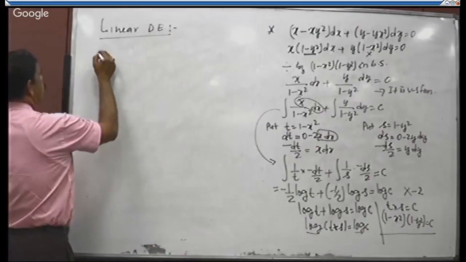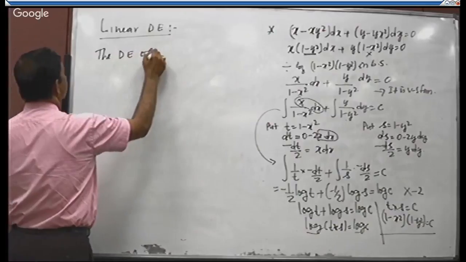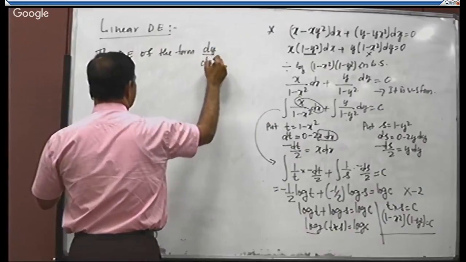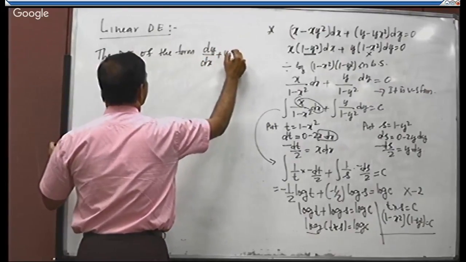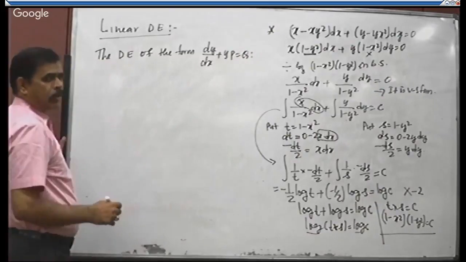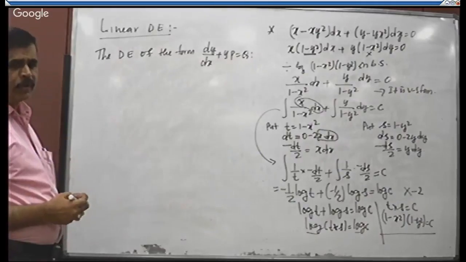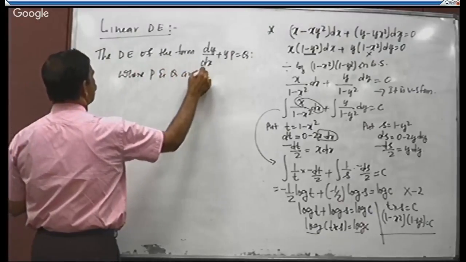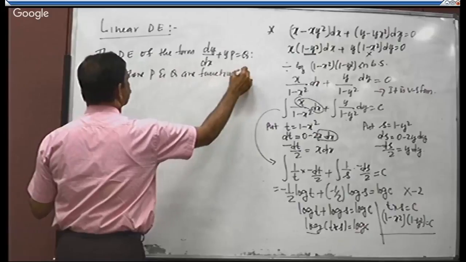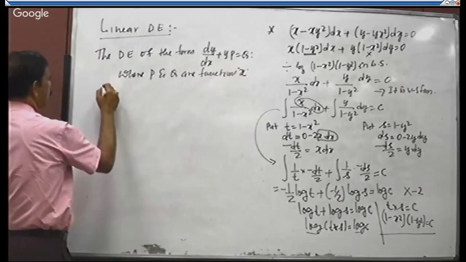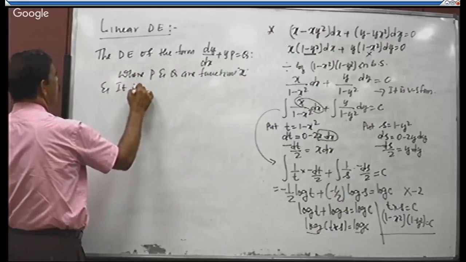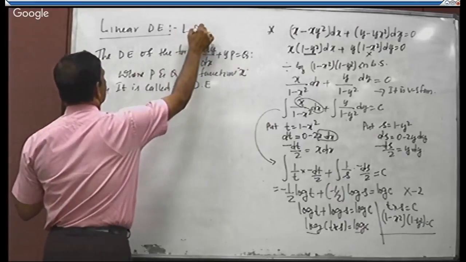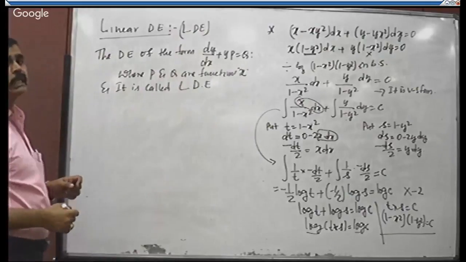See, the differential equation of the form dy by dx plus y into p is equal to q, or p into y is equal to q, where p and q are functions of x, and it is called linear differential equation of variable x.